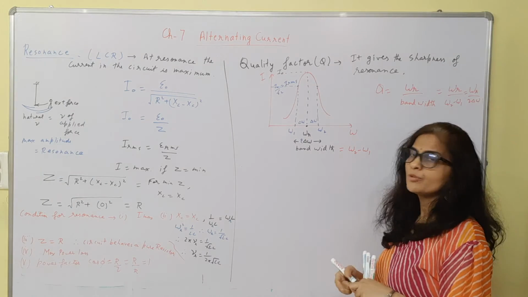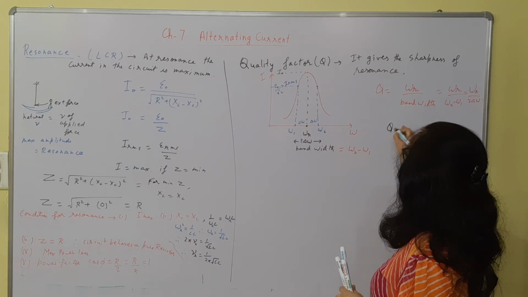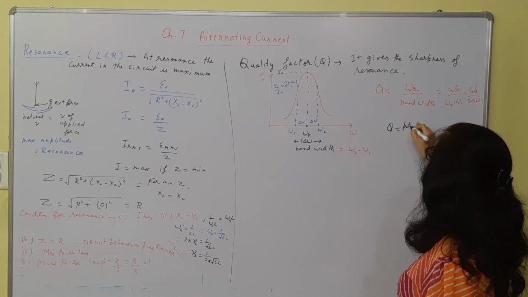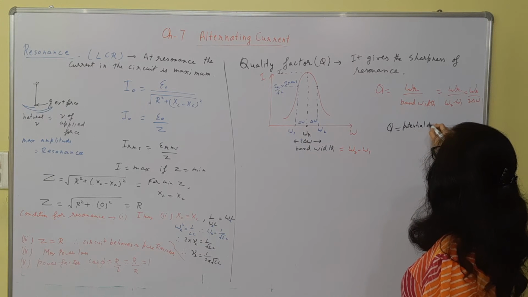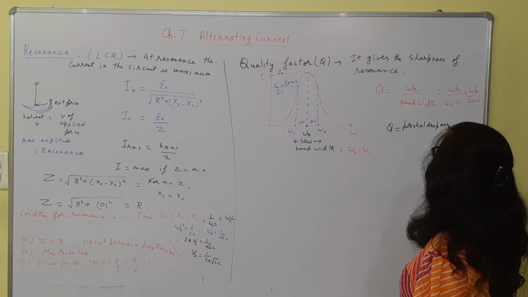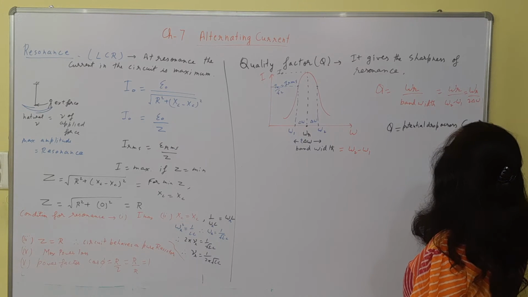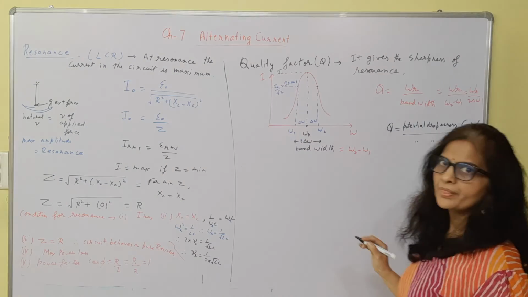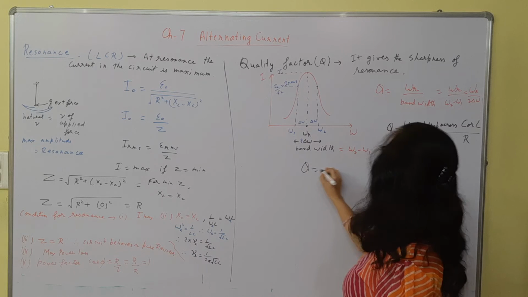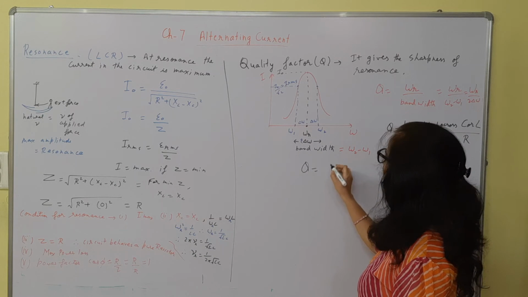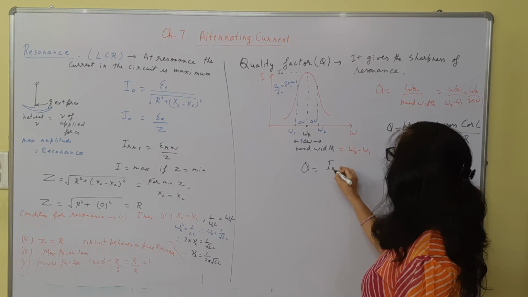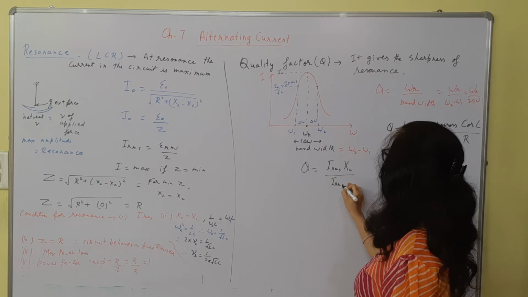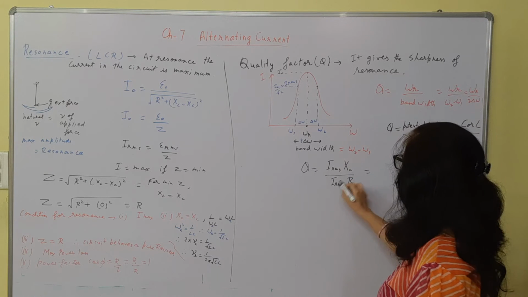And also one more important relation here. Quality factor can also be written as potential drop across capacitor or inductor upon potential drop across resistor. So if I write the potential drop across the capacitor, I can write I RMS XC upon I RMS R. So this can be solved like this.